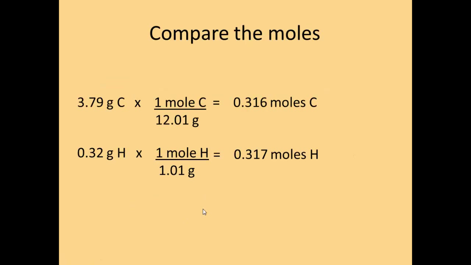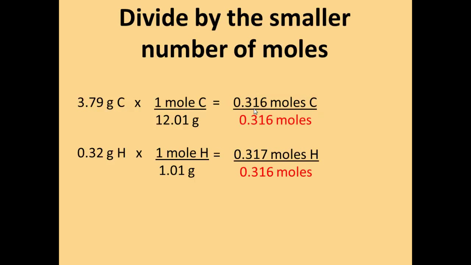Let's compare our moles of carbon to our moles of hydrogen. We know they're very similar to each other, but can we quantitatively compare them? The best way to do that is to divide by the smaller of the two values. Our moles of carbon look like they're just a little bit smaller than our moles of hydrogen. So let's divide each of those values by 0.316 moles.